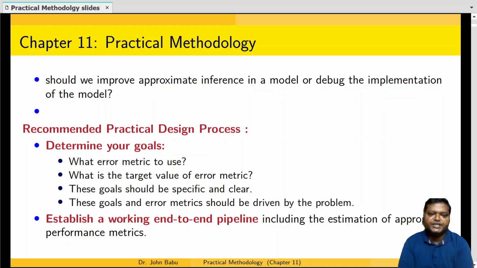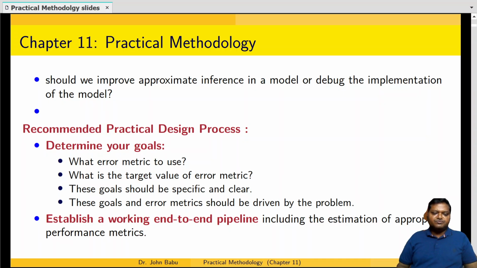There should not be any ambiguity in determining our goals: what our problem is, and what error metric we will be using. What are the error metrics? You know, accuracy, precision, recall, mean square error, mean absolute error, or loss functions like hinge loss, Huber loss, KL divergence. Among all these, which should be taken?